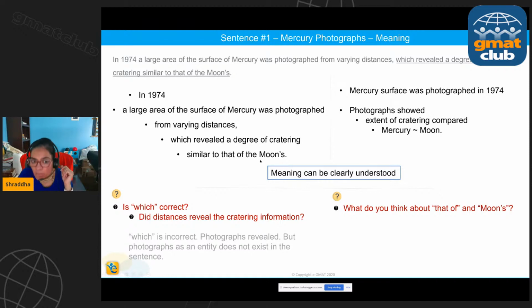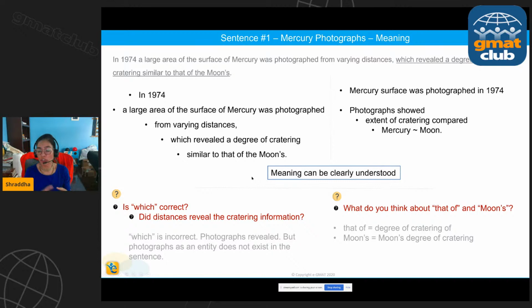But then again, the sentence uses another possessive in the form of "moons." So this usage is also incorrect, because if we expand this whole sentence, it is going to read like: similar to a degree of cratering of moon's degree of cratering. And we understand that the usage of two expressions presenting possession is absolutely wrong.